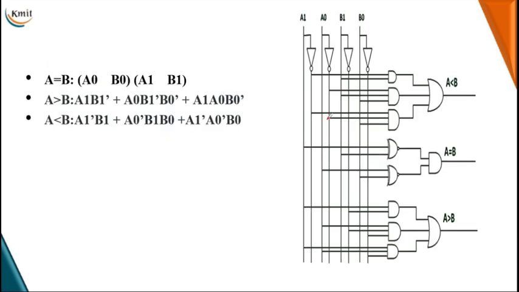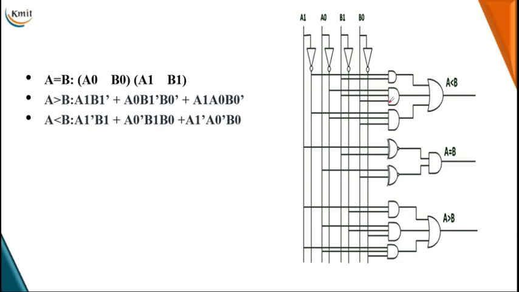So this is the basic logical diagram of the 2-bit comparator circuit with 4 inputs A0, A1, B0, B1 and the 3 outputs. Since A less than B has 3 product terms, we use 3 AND gates with 1 OR gate to implement A less than B. The inputs connected to the first AND gate are A1 bar B1.